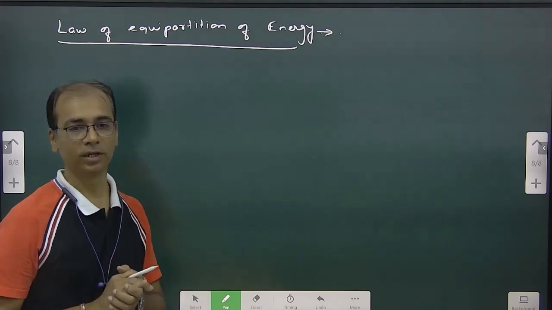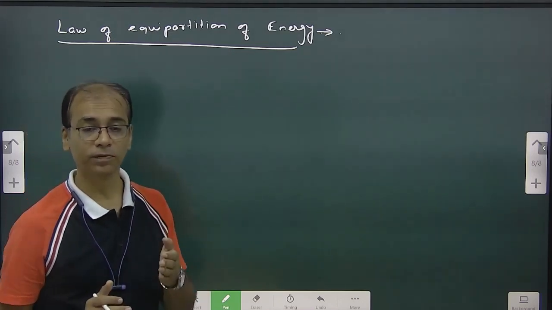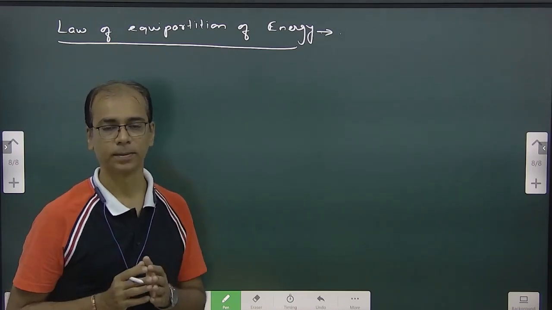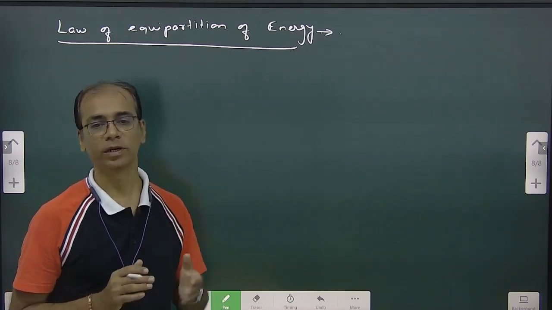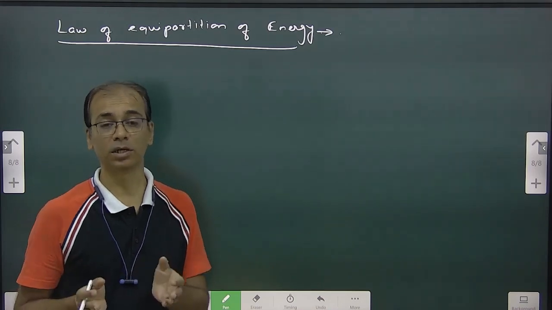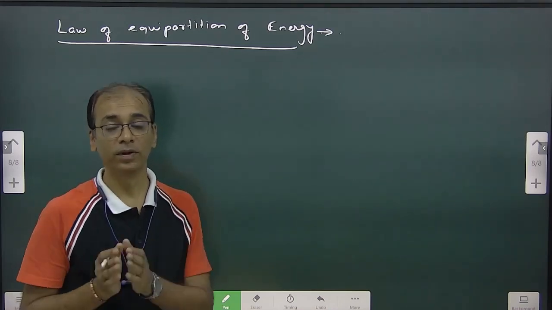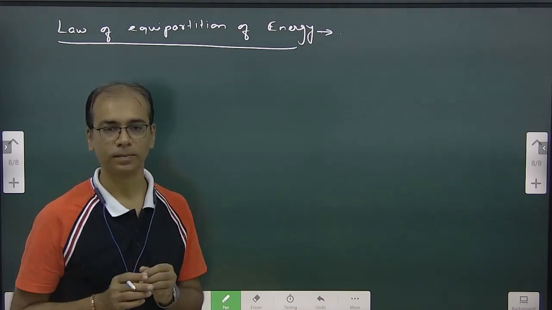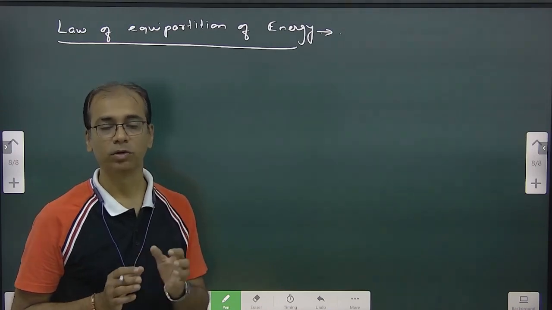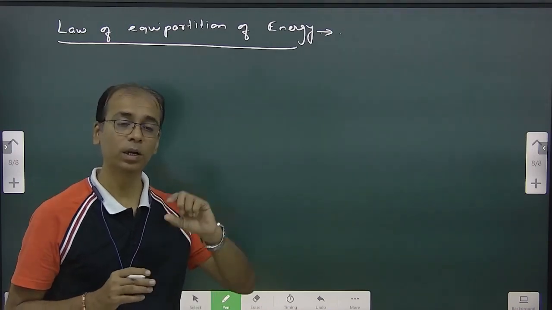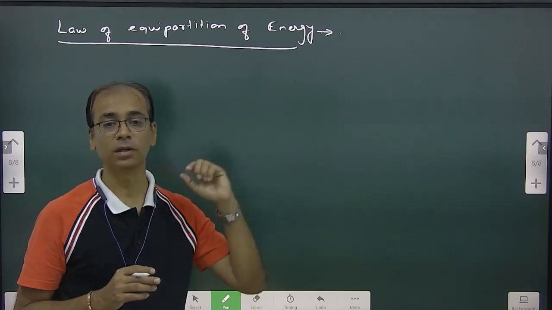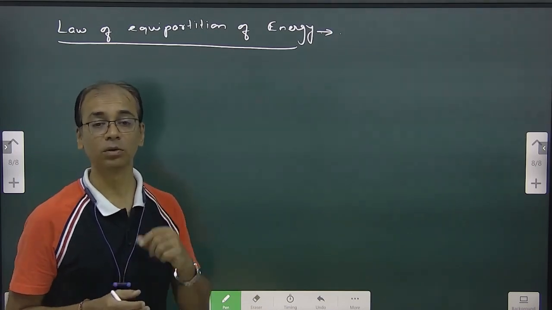The law of equipartition of energy says every degree of freedom for a gas is having equal amount of energy. And if we talk in terms of molecule, then every molecule of the gas will have equal amount of energy associated with the degree of freedom, and it is equal to half kT.